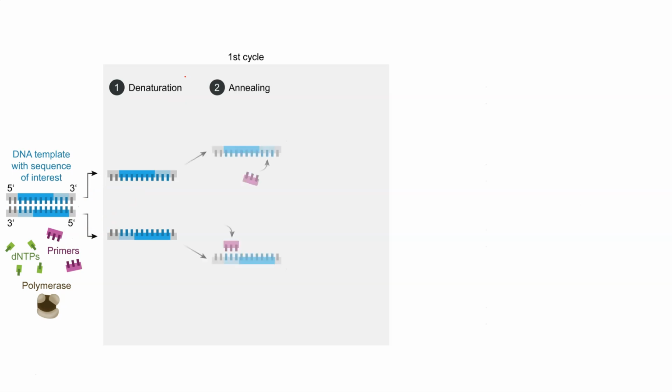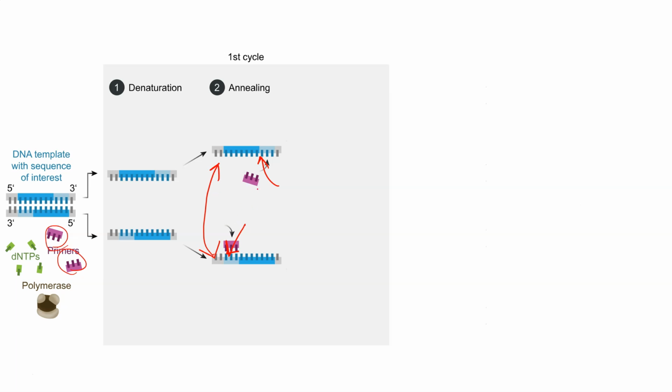Okay, then the temperature is brought down to 60 degrees or so, and because the primers are smaller than the big chunks of DNA, they're able to quickly get in here and bind faster than the original strands can come back together and rejoin with one another.